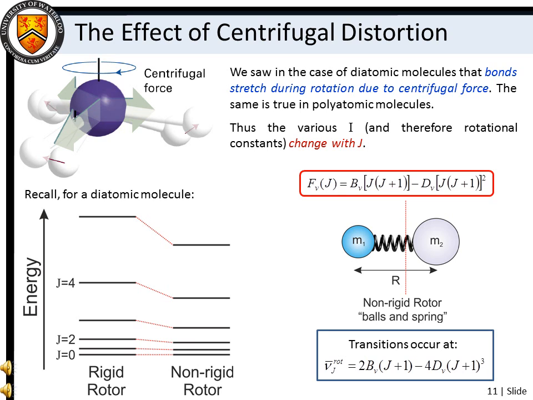One that describes the distortion about the symmetry axis, D sub K, one that describes the centrifugal distortion as a function of overall molecular rotation, D sub J, and a cross term, D sub JK, which describes the coupling between rotation about the unique axis and the end-over-end rotation of the molecule.